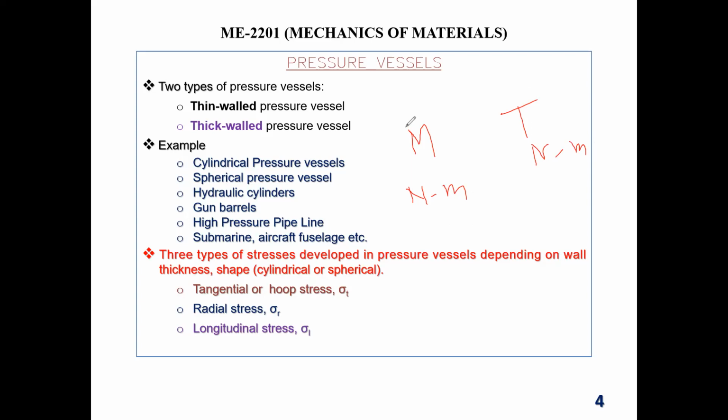But due to the bending moment, what happens? Something bends, like a beam bends due to the bending moment. But due to torsion, what happens? There will be angular deformation, right? There is a twisting; the material will rotate due to the torque.